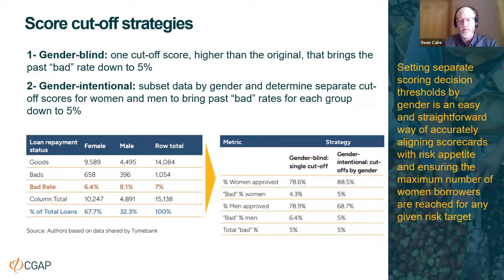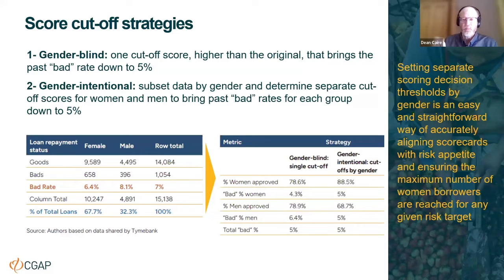The easiest strategy to apply, and one of the most effective ones, as Maria already pointed out, is just to set separate thresholds for men and women, because then you can precisely identify, based on your past experience, what women scoring above what level will allow for all the ones who fit below 5%.